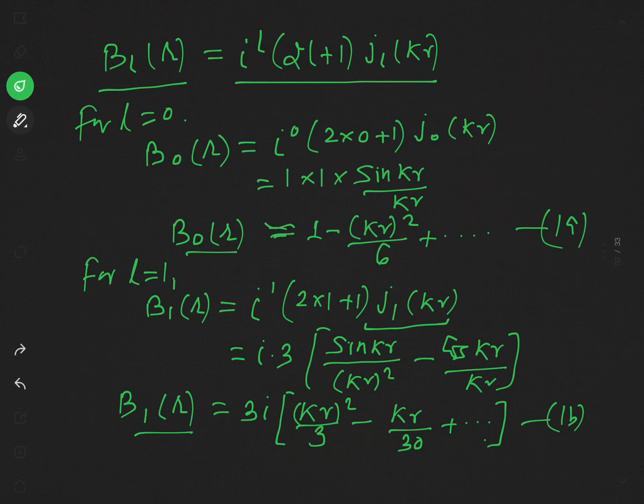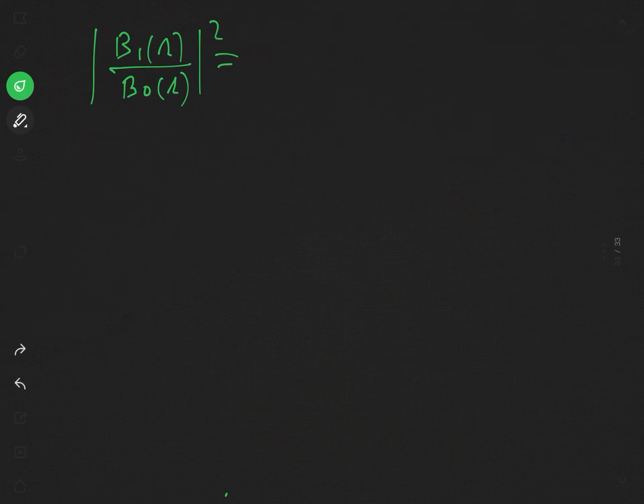You can see this result when we divide the square of this B1 of R by the square of this B0 of R. Approximately, this will be almost equal to (KR) square. Say this is equation 1c.